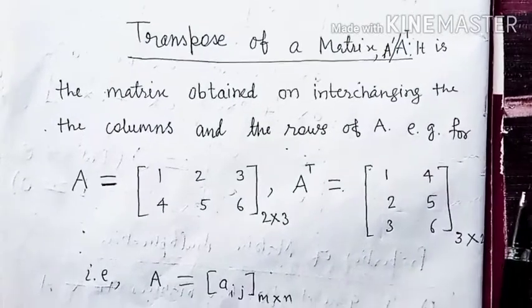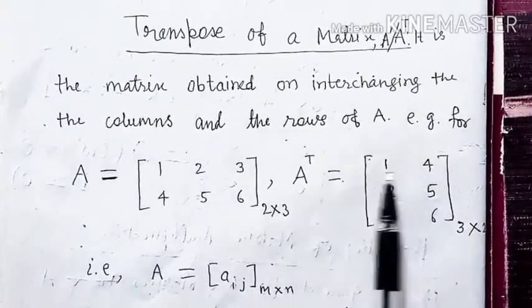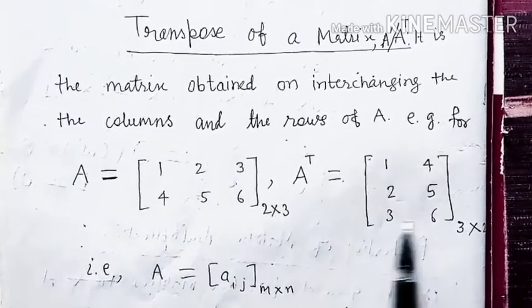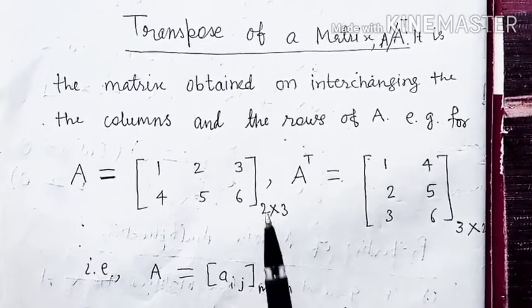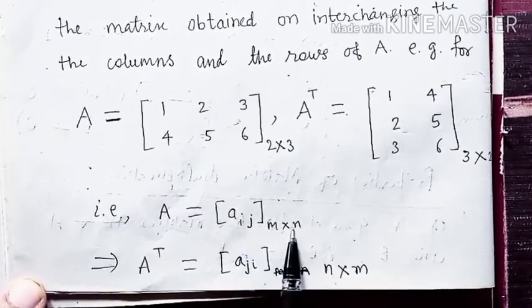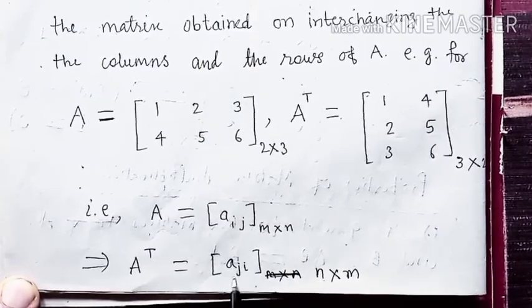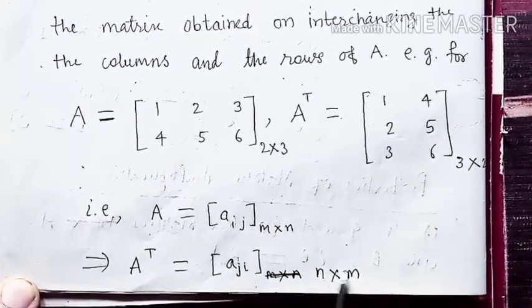So first column is changed into first row, second column is changed into second row, and third column is changed into third row. And this new matrix has order 3 cross 2. That is, if a matrix Aij has order m cross n, then its transpose is Aji, meaning A12 becomes A21, A13 becomes A31, and its order is changed to n cross m.